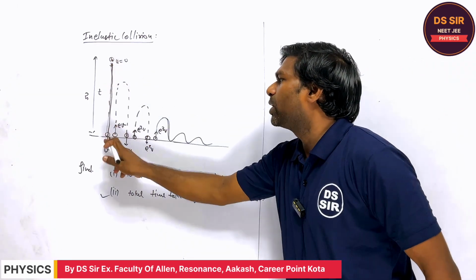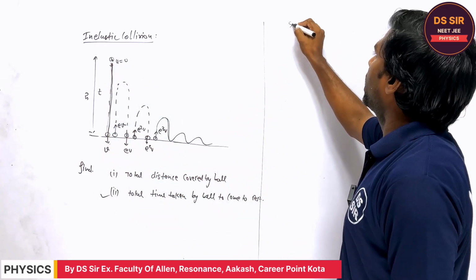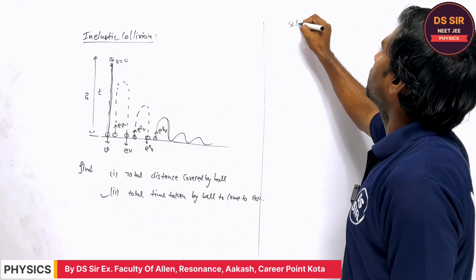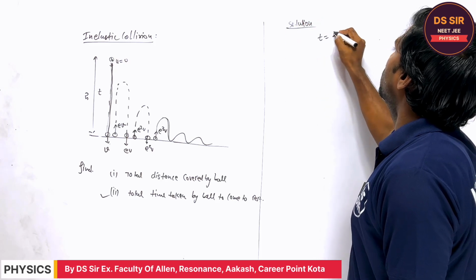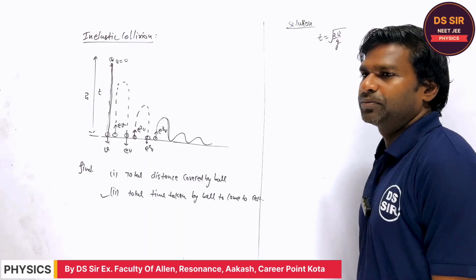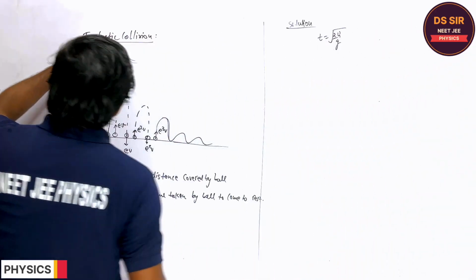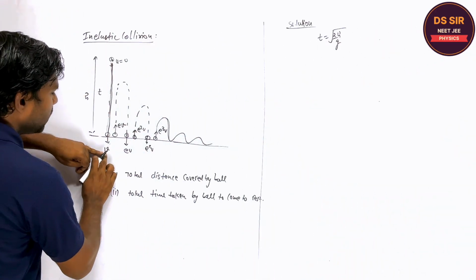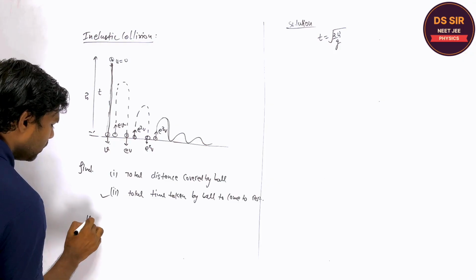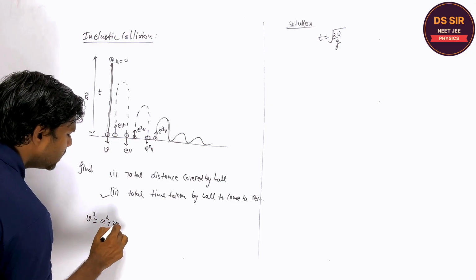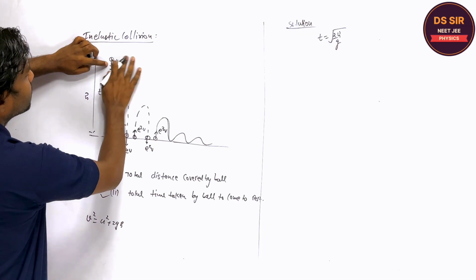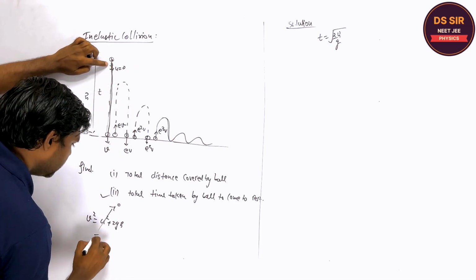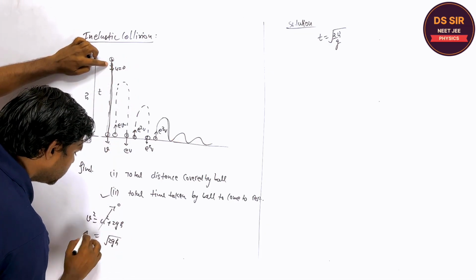So from here to here, the total time I'm writing is equal to root 2h upon g. Is it clear? Very good. If it hits with the speed v, what is the speed v? You tell. V square is equal to u square plus 2gh. The initial velocity is 0, so this is root 2gh. So this is the speed v.